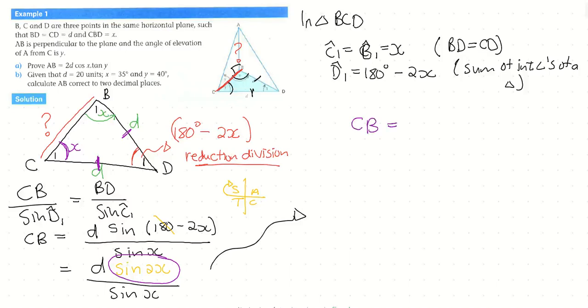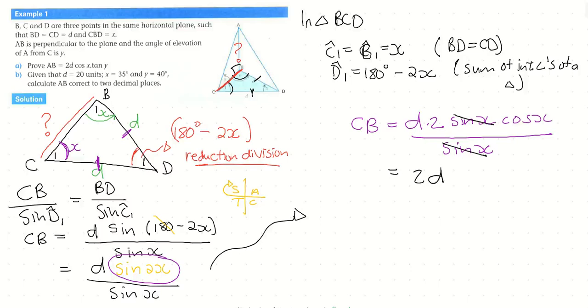CB is now equal to D times 2 sine x times cos x, all over sine x. Now what do we notice, guys? My sine x is the same, and it's all multiplying at the top, so I can simplify, and I end up having 2D cos x.